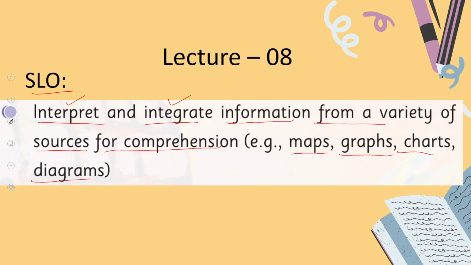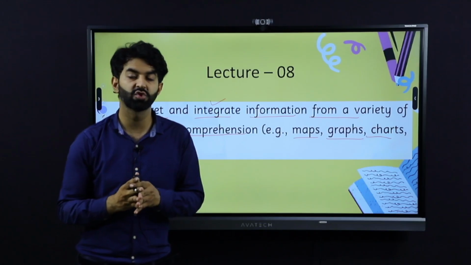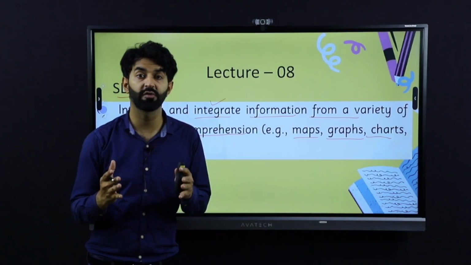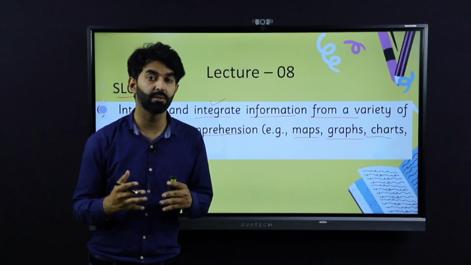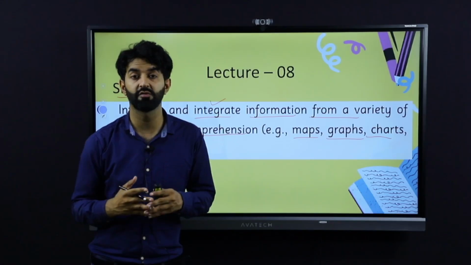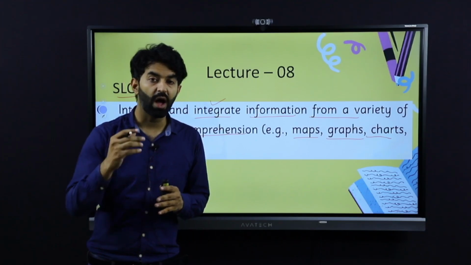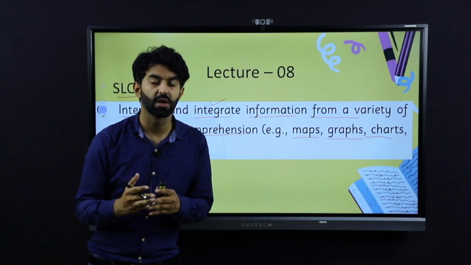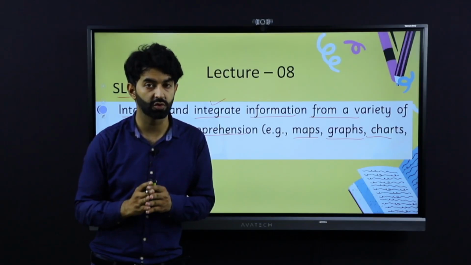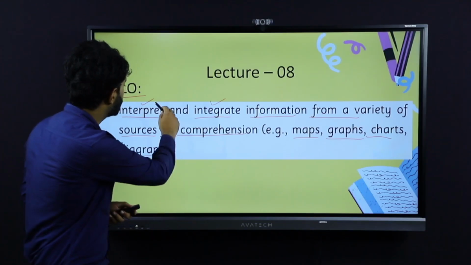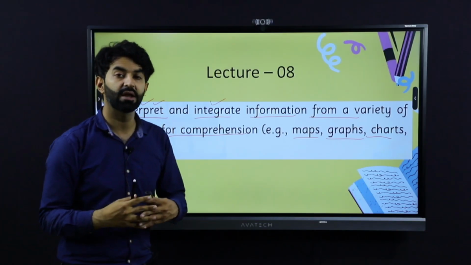All these mentioned examples, maps, charts, diagrams, etc., are your sources of getting information. You can see them in newspapers, magazines, different articles of every genre. So how do we get the most information out of these different sources? This is what we will be learning in our lecture, and we will interpret the information and integrate, process.